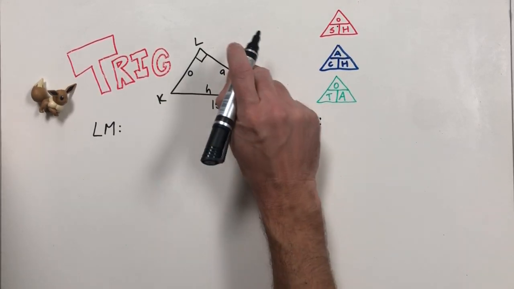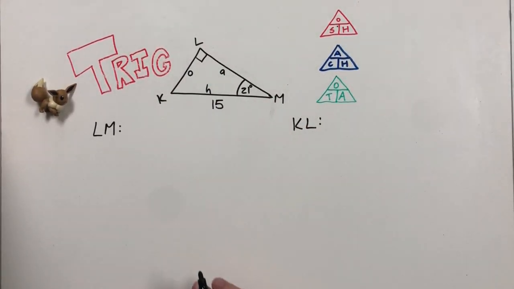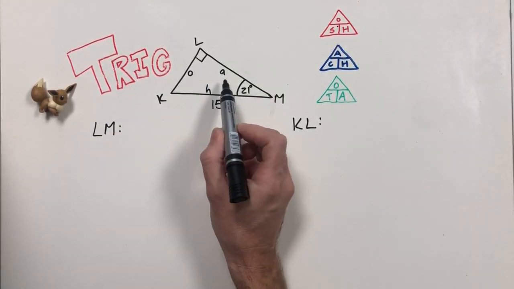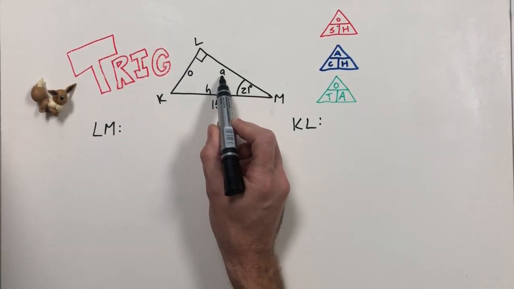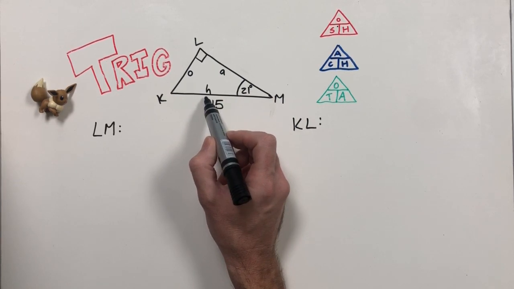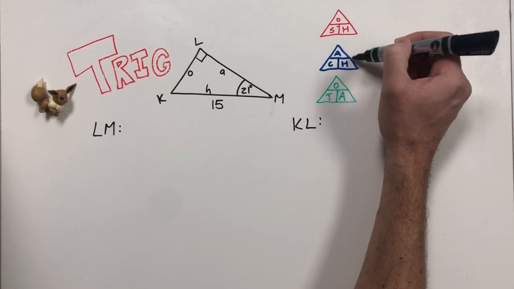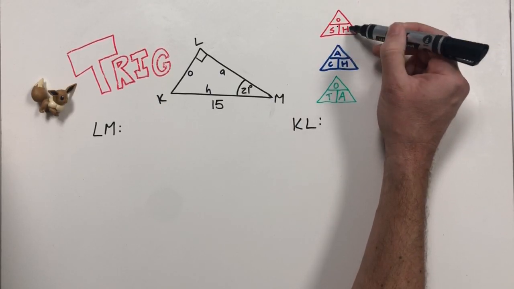So now looking at this, if they wanted LM, they're telling me they want the adjacent side, but they're giving me the hypotenuse. So I know if I have a hypotenuse, it's going to either be the sine or the cosine, because both of those have an h in them.